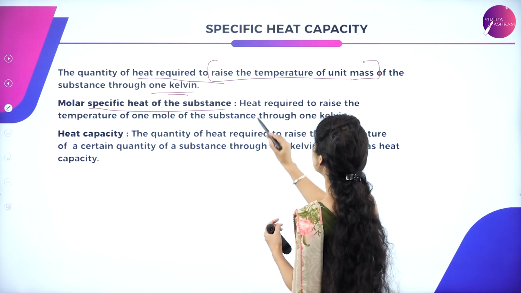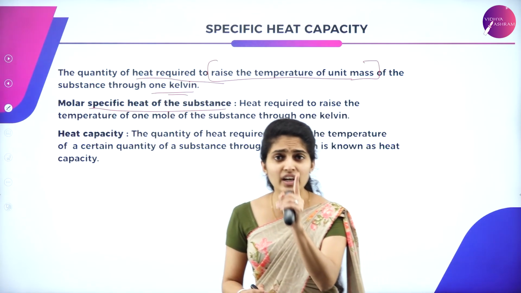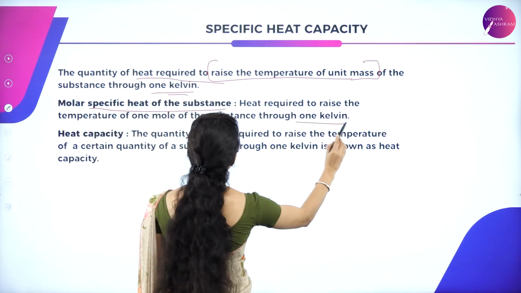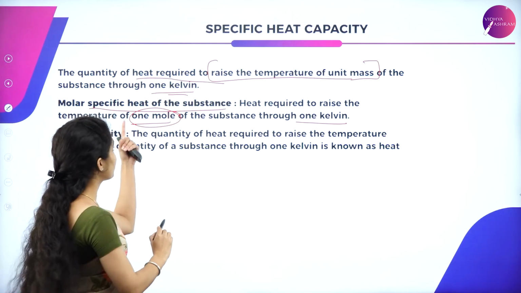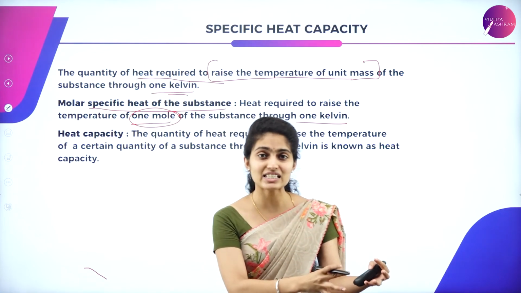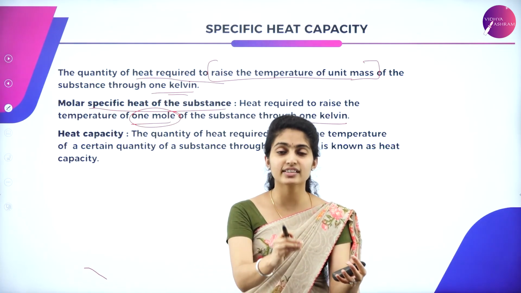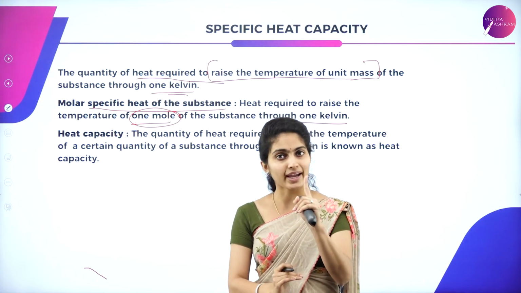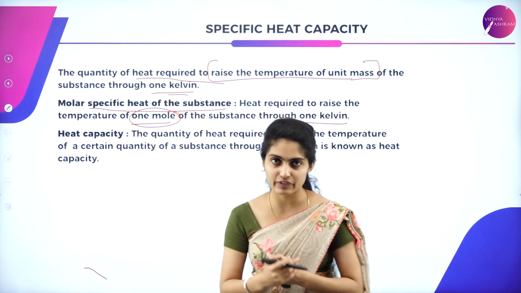It is the heat required to raise the temperature of 1 mole of a substance through 1 Kelvin. Just 1 mole is added from the previous definition. So molar specific heat is the heat required by 1 mole of a substance to increase its temperature by 1 Kelvin.